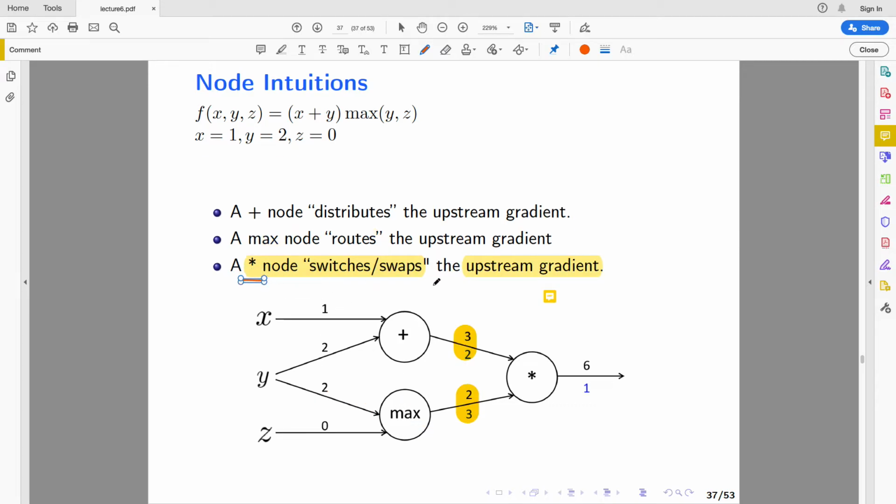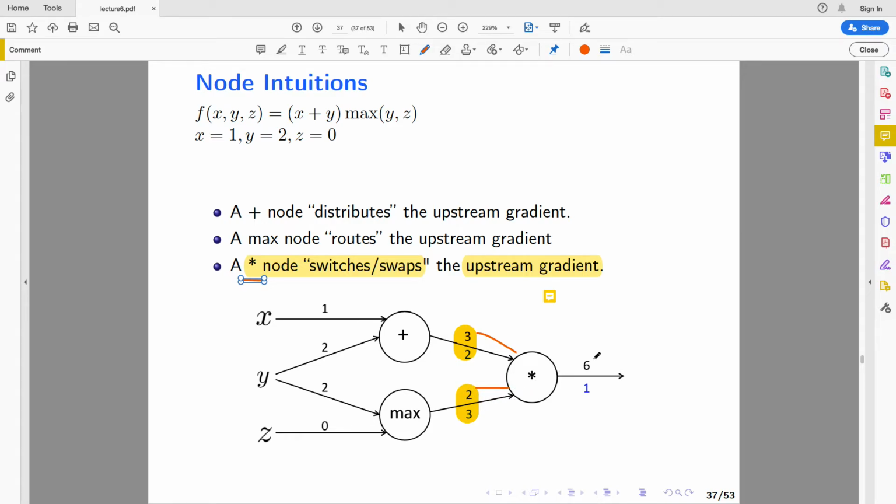And the star node switches the upstream gradient. What we mean here is that in this star node, this one comes in as 3, and this one comes in as 2.